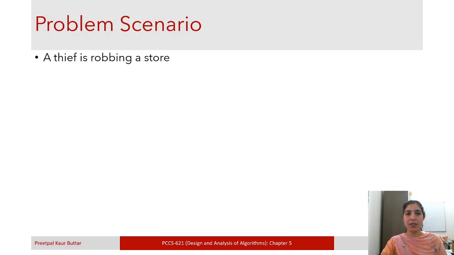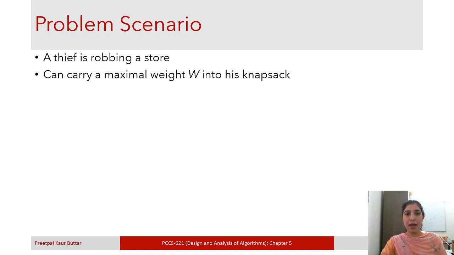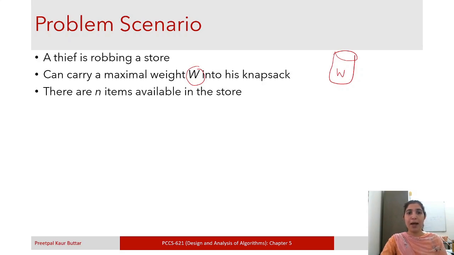So imagine that a thief is robbing a store and he can carry a maximum weight W into his knapsack. He has a knapsack into which the maximum weight he can put is W. And in the store there are n number of items which are available.